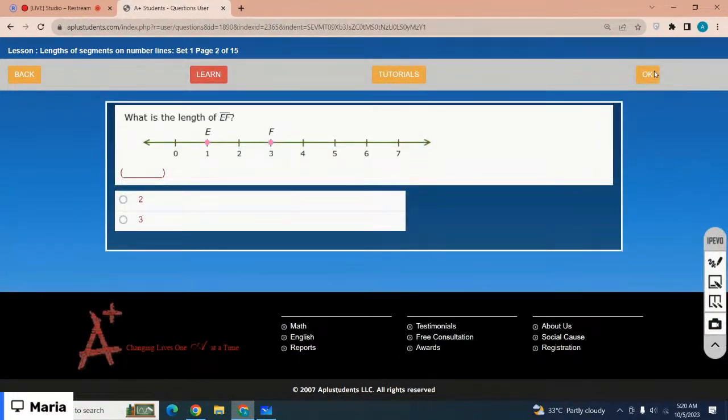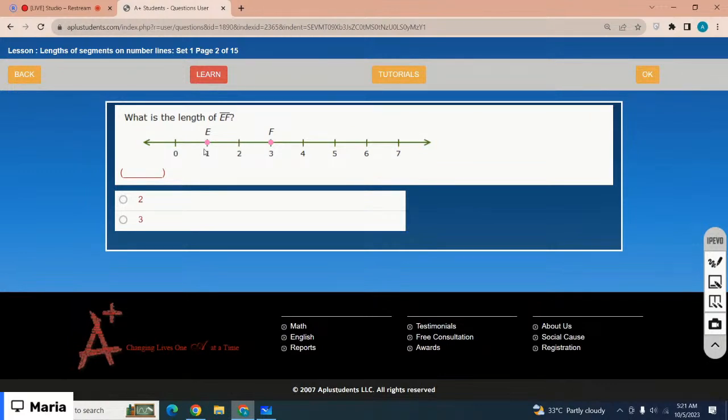What is the length of the line segment EF? Which is the correct option? The length of EF is, yes, that is 2. You can look at their coordinates because they are very easy.